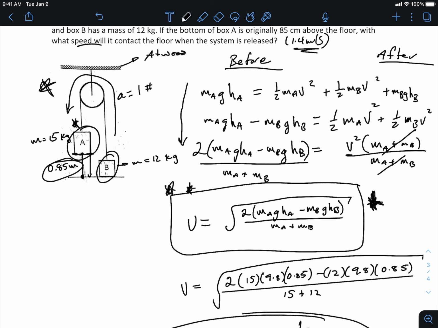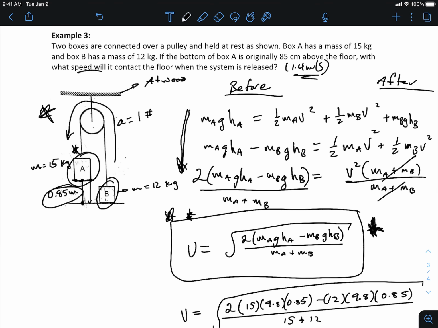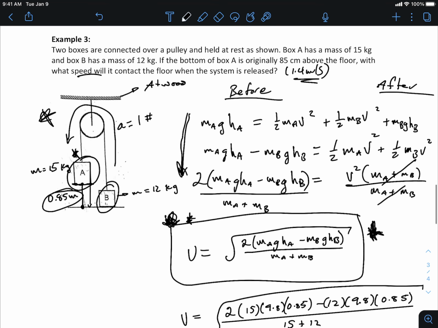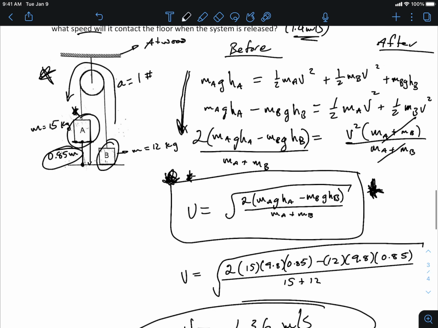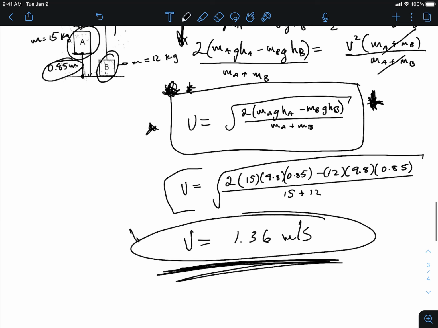At which point you guys know, if you had this memorized, and if you didn't, not a big deal, you could rederive it, right? But you could say, okay, well, this is just a multiple choice question. I don't need to show all this work. If I had this memorized and I've done it in the past and I know it works, then your multiple choice question could be over in a matter of 2 minutes. If you write this down and you plug in the information that you know, it spits out the answer. And you go on to the next question.